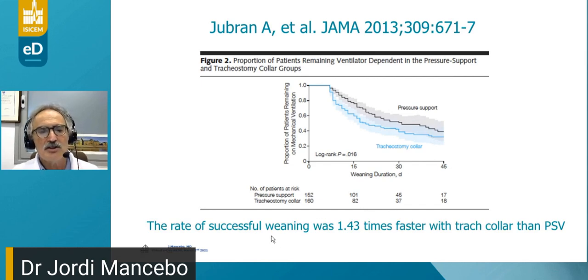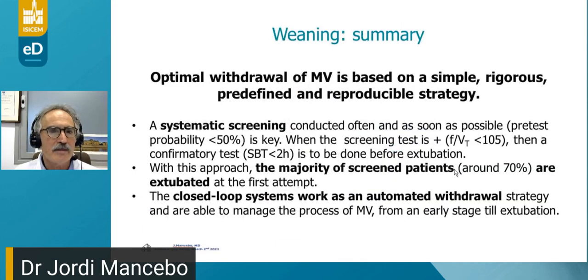And in these patients, the rate of successful weaning was 1.4 times faster with the disconnection to the tracheal collar, allowing the patients to breathe spontaneously, as compared with pressure support ventilation.